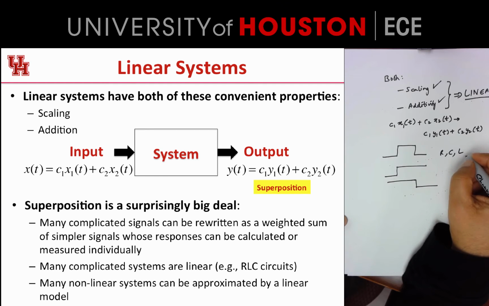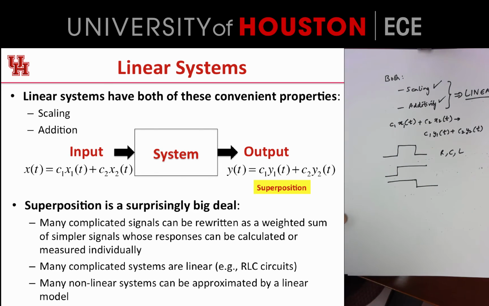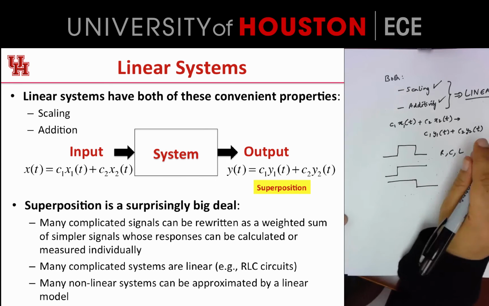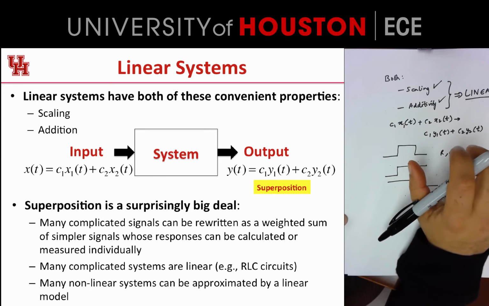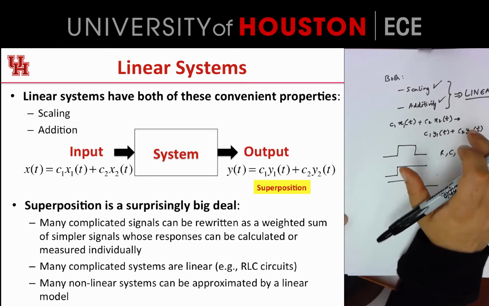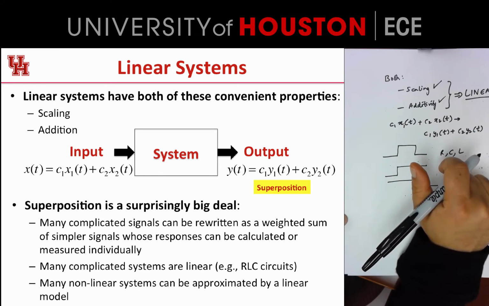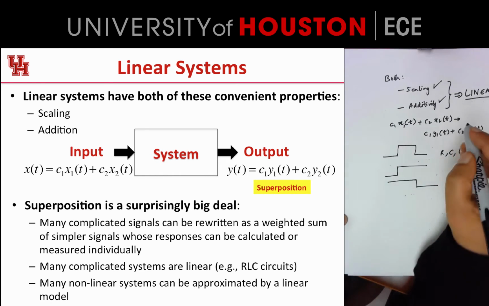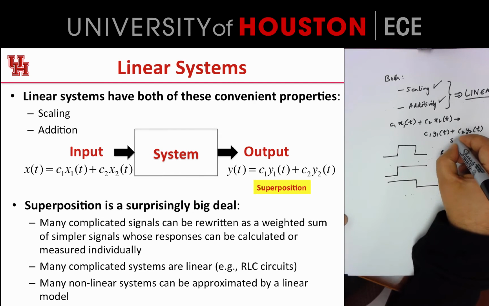And you know, if we get more complicated kinds of things, it can all usually be approximated by a linear model, at least within a reasonable range that represents the operating conditions. Now, this property has a name. We call it superposition.